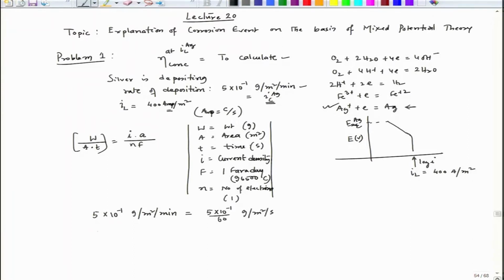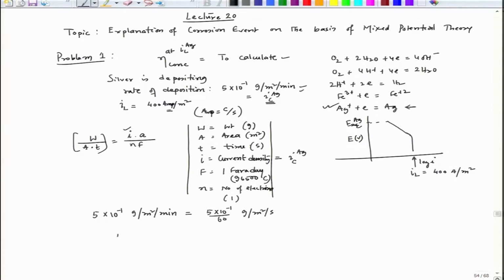So, I can find out this IC corresponding to IC Ag, which is the cathodic current density corresponding to the deposition rate of silver.